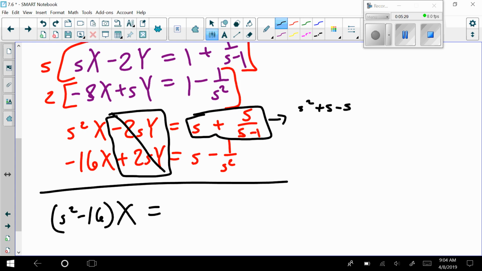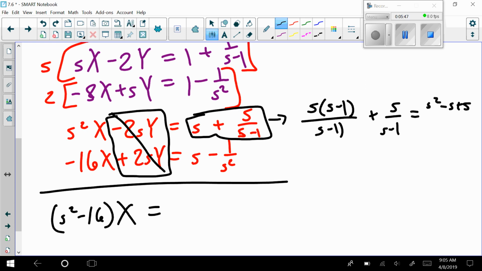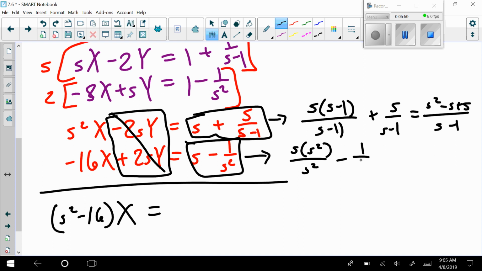Well, I don't want this to be confusing. Let me write all my work out. For my fraction, I have to do an s times s minus 1 over s minus 1 plus s over s minus 1, which should give me s squared minus s plus s all over s minus 1. Same type of thing going on the bottom part here. That would become s times s squared over s squared minus 1 over s squared, which would give me s cubed minus 1 over s squared.